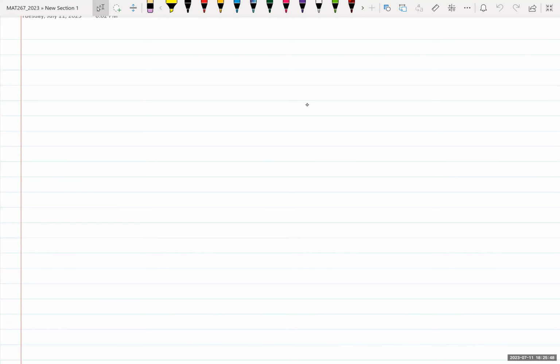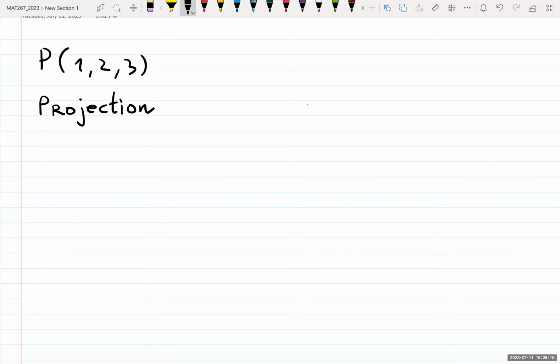If I give you a point P with coordinates 1, 2, 3, can you find the projections? You need to be good at imagining what is happening in 3D. And you might say, I'm not really good at that. Yeah, but that's multivariable calculus, so I don't think you have a choice. The whole point is to teach you to go out to the third dimension. And after this exam, the next exam and the third exam, we go into higher dimensions, 4 dimensions, 5 dimensions, and so on. So you have to be good.